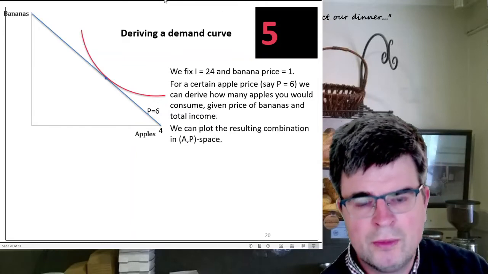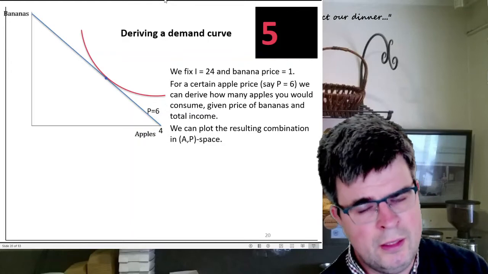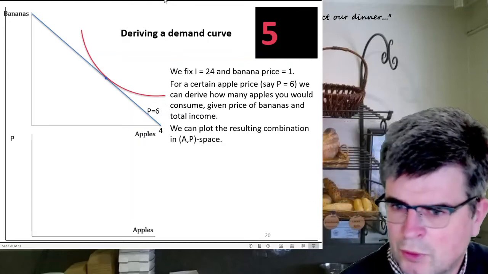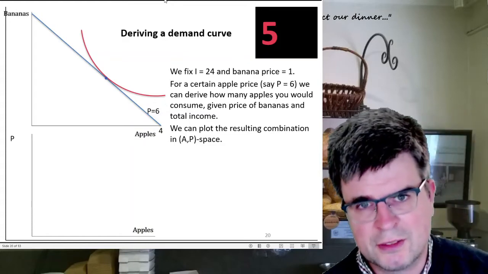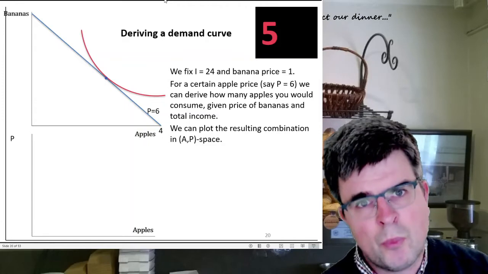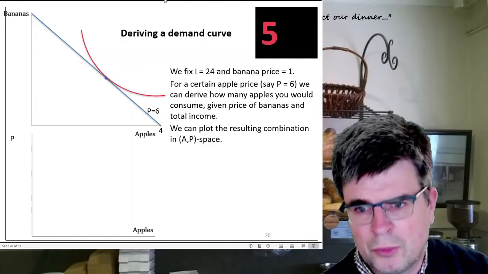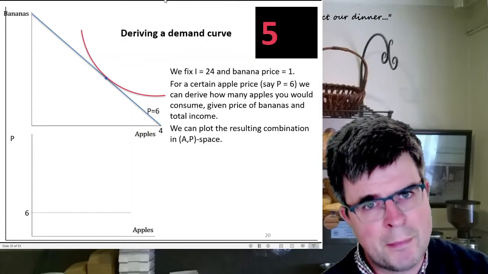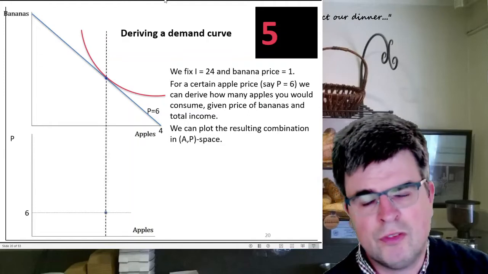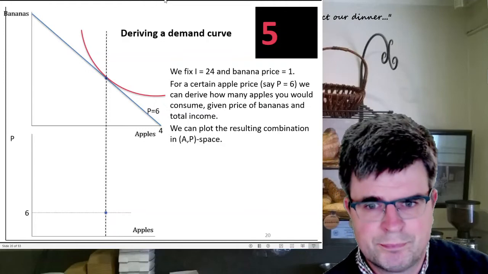And we will plot this combination in the AP space. So let's do that in the bottom graph with apples on the x-axis and the price of apples on the y-axis. And we now have one point of our demand curve, because we know that if the price of apples is 6, we will consume the quantity given by the blue dot.